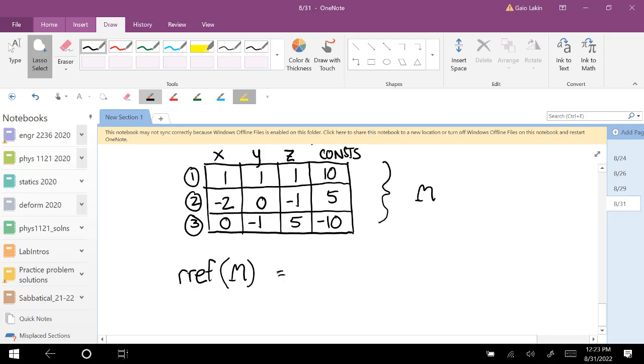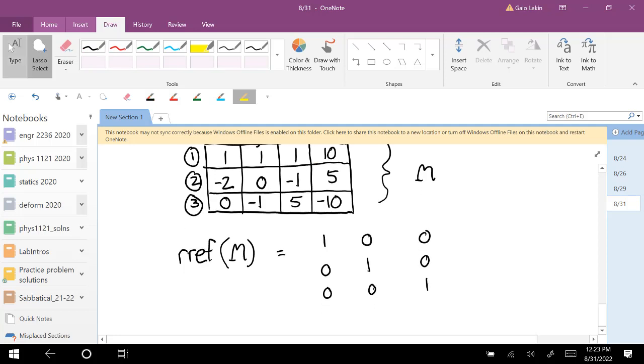And what it's going to give you is a matrix back that's also 3 by 4. And the first 3 by 3 of that matrix is going to be 1s and 0s. That doesn't do much for you, but that's just the way the algorithm works. And the last column is what you really want, and that is going to give you the answers in the order that you defined your variables.